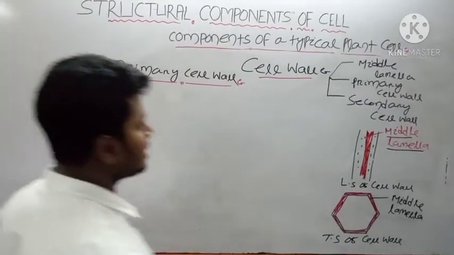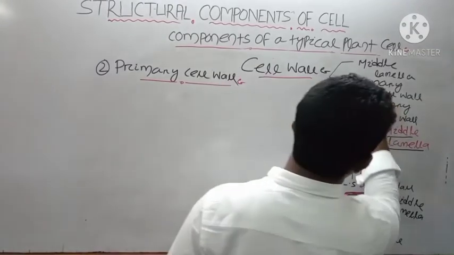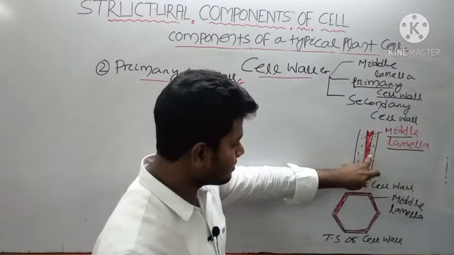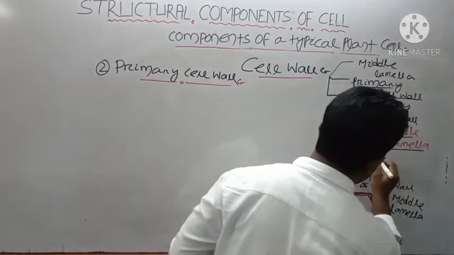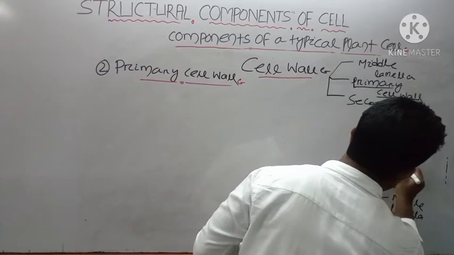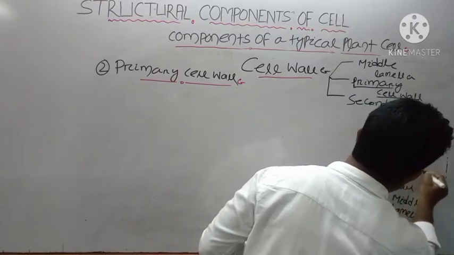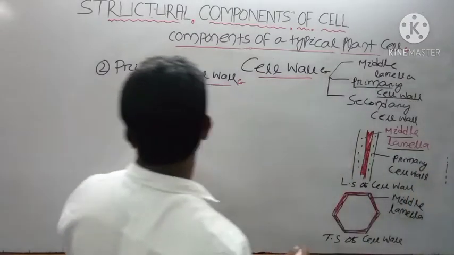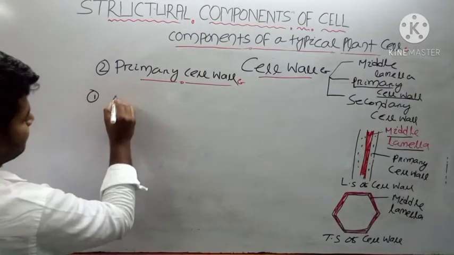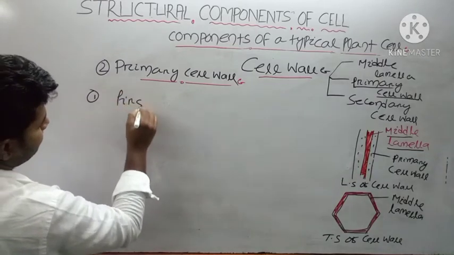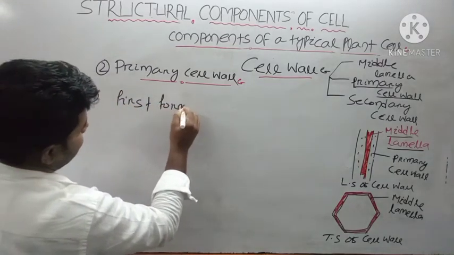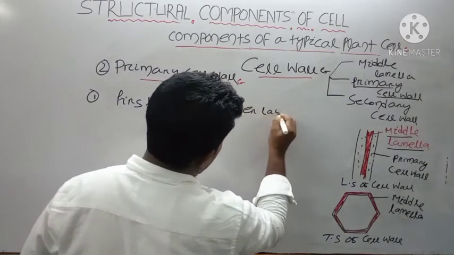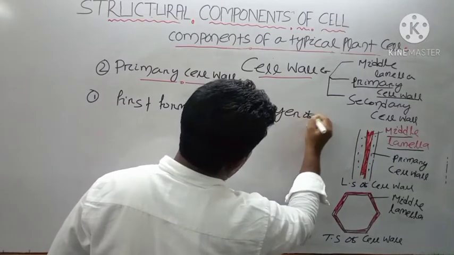Okay, after the middle lamella comes the primary cell wall. After the middle lamella there is the presence of a first-forming structure known as the primary cell wall. Okay, this primary cell wall is the first-forming outer layer of the cell.